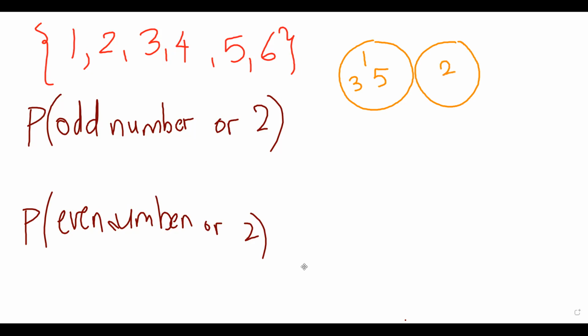Is there a number that can be odd and 2 at the same time? No, because 2 is not an odd number. So we say these events are mutually exclusive.